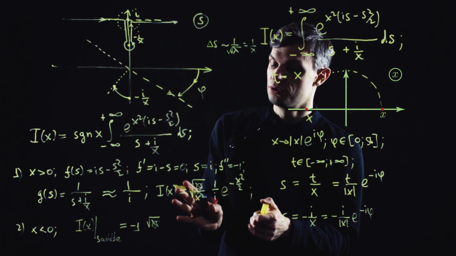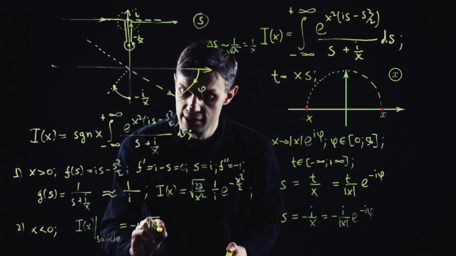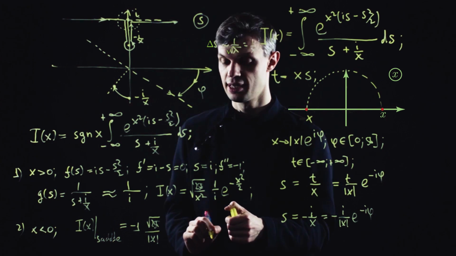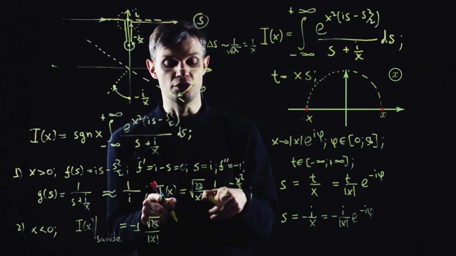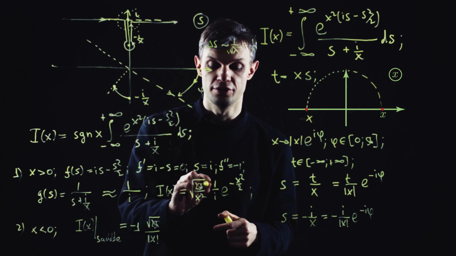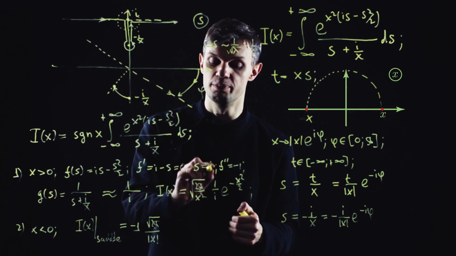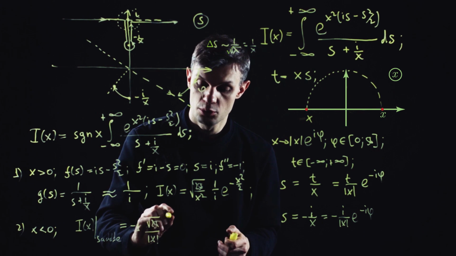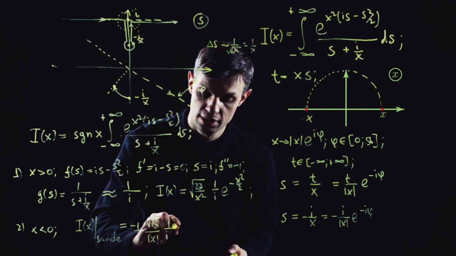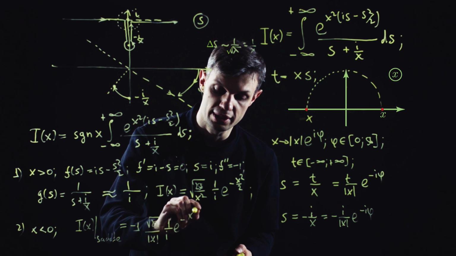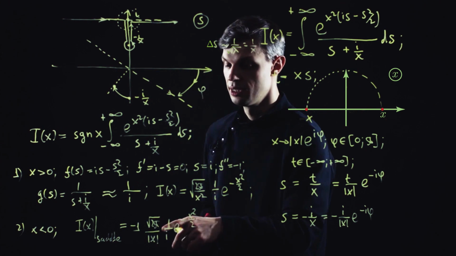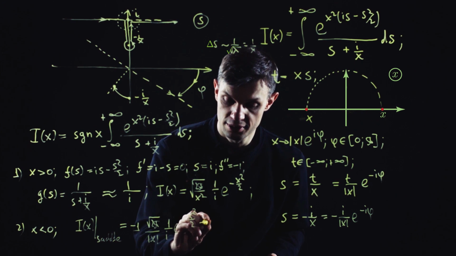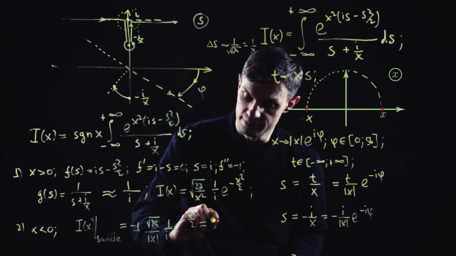As we take the square root of this x squared, we get, of course, the modulus of x, right? Because in the standard formula, probably you remember, there is a modulus of f double prime here. So there should be a positive expression under the square root. So it's modulus x. And finally, 1 over I times e to the minus x squared over 2. But minus modulus x is simply x for negative x. So the contribution from the saddle stays the same.